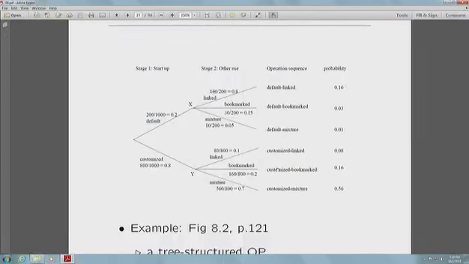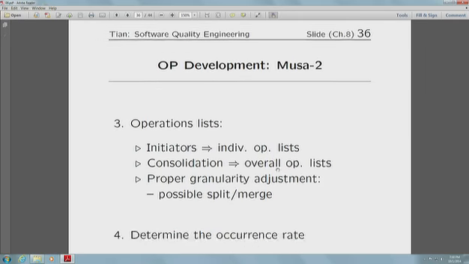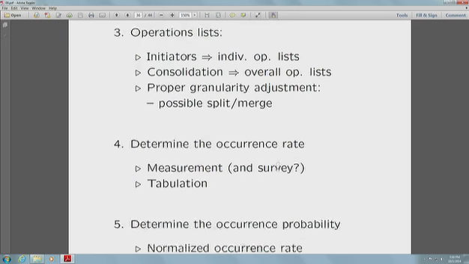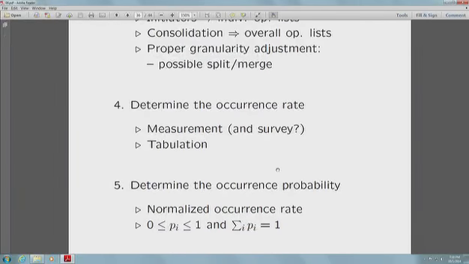For example, you come up with something that has multiple decision points, so the completed operation will involve several steps. That is what Musa called the graphical representation. Then you look at the initiators, look at their operations and consolidate them, then you measure them, and then you determine the probability.